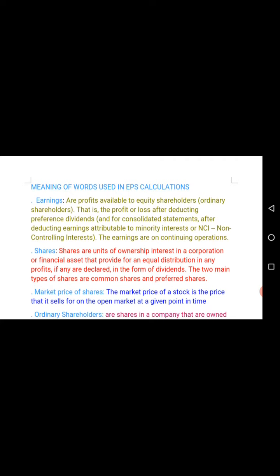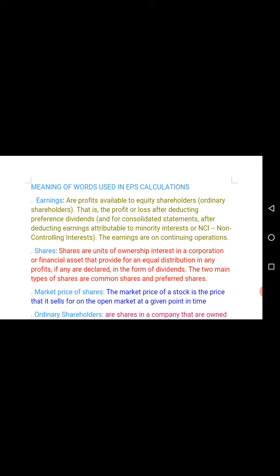IAS 33 has nothing to do with other types of equity holders. It's concentrated on ordinary equity shareholders rather. That is the profit or loss. Now, the earnings is the profit or loss after deducting preference dividends.